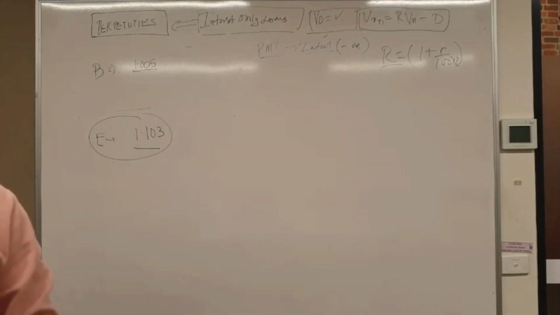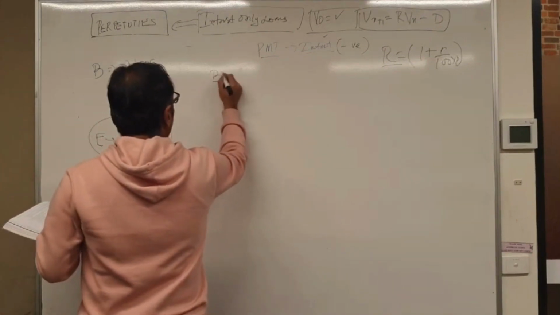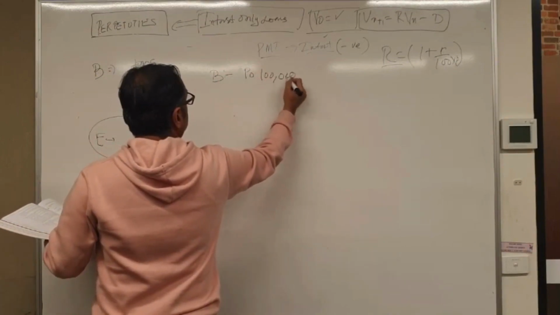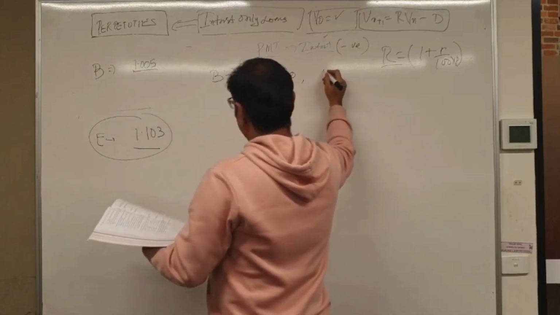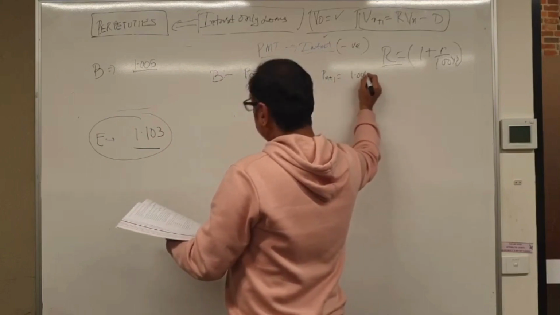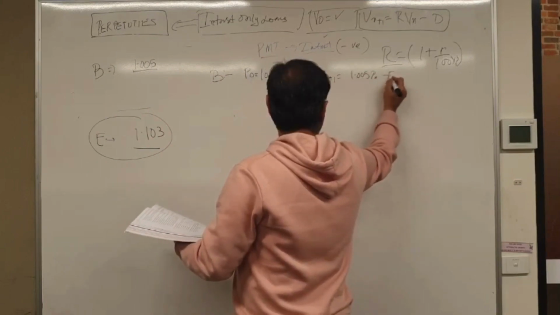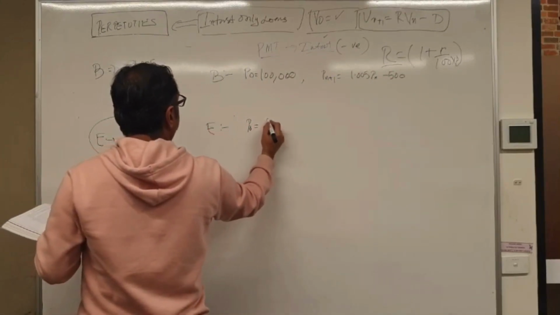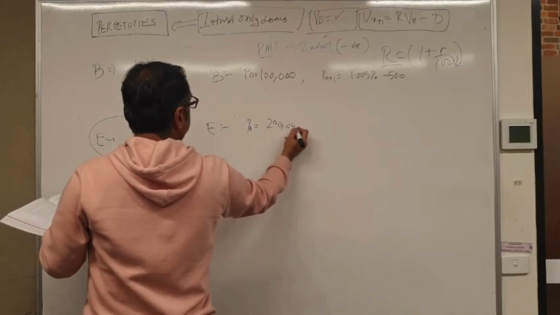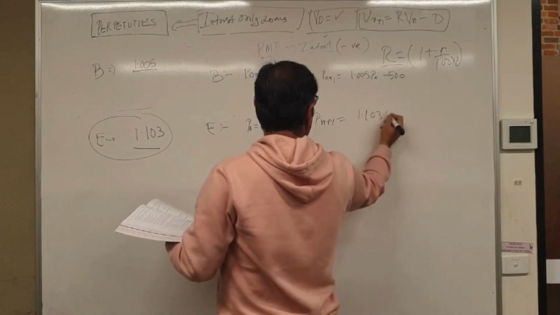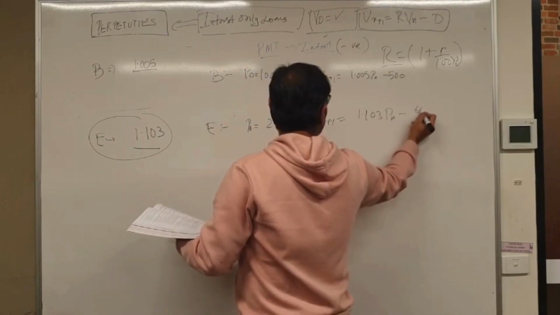My B is P0 100,000, and Pn plus 1 equals 1.005 Pn minus 500. And my E is P0 of 200,000, Pn plus 1 equals 1.103 Pn minus 600.